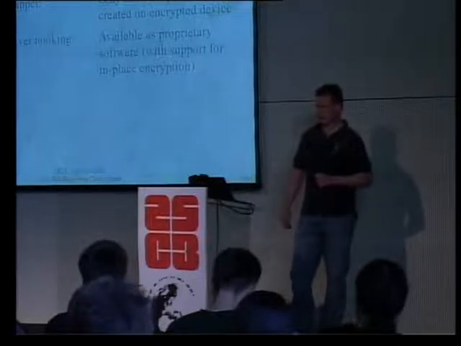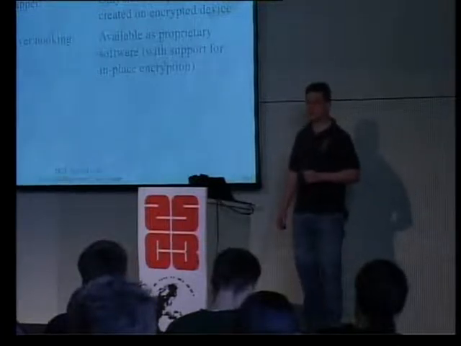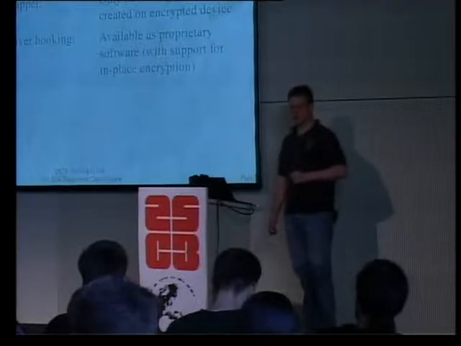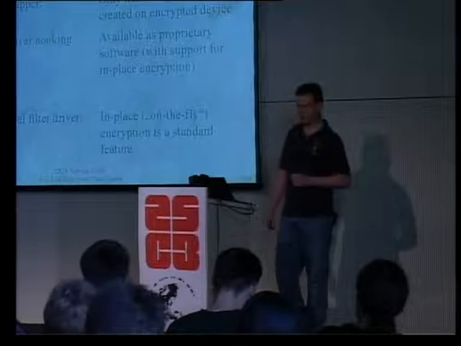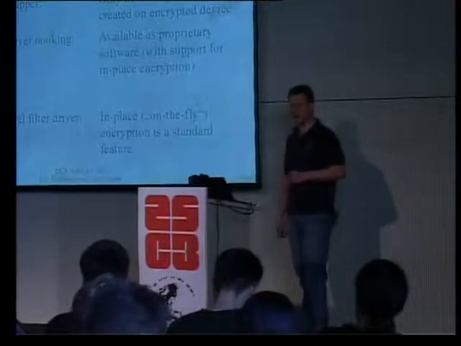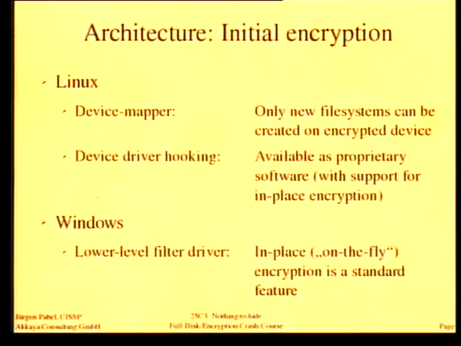In Windows, the device driver is pretty much implemented like a device driver hooking in Linux, through the lower level filter driver, and in-place on-the-fly disk encryption is a standard feature in Windows. Windows users would not accept being told, okay, you have to reinstall Windows in order to get disk encryption.